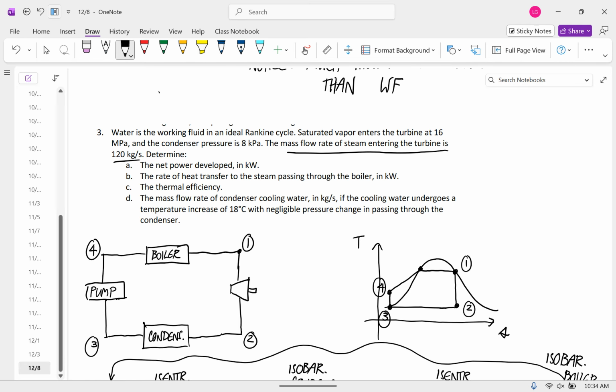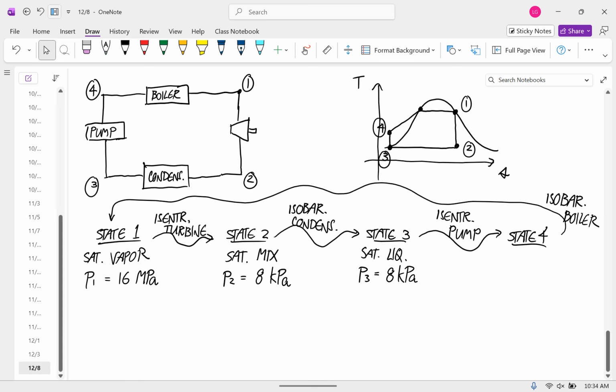And it asks us a bunch of stuff. Basically, we're just going to use what we have here to try to figure out all the specific enthalpies at these states. Then we'll be able to start to work our way around. There's one more thing that we know before we start thinking about thermodynamics. It's an isobaric boiler going from state 4 to state 1.